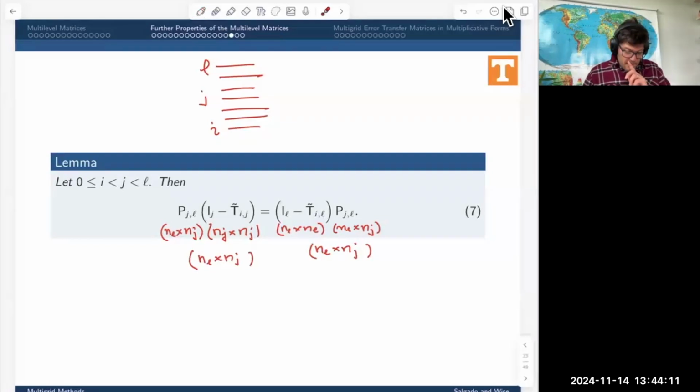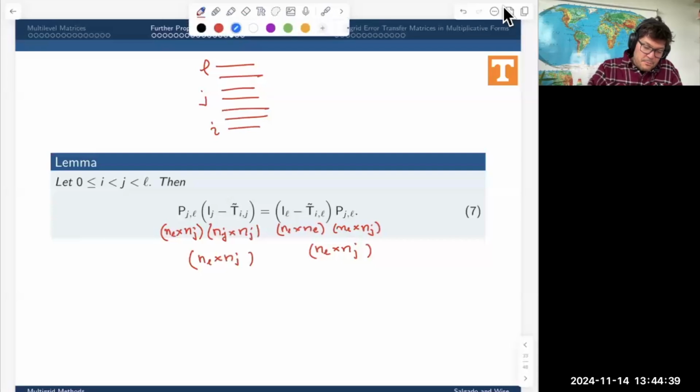Okay, so it does make sense in terms of sizes. But notice, this is the T matrix going from level J down to level I, but it's square and it has size nJ by nJ. This is the T matrix going from level L down to level I. So on one hand, we have the T matrix going from J down to I. That's this guy here.